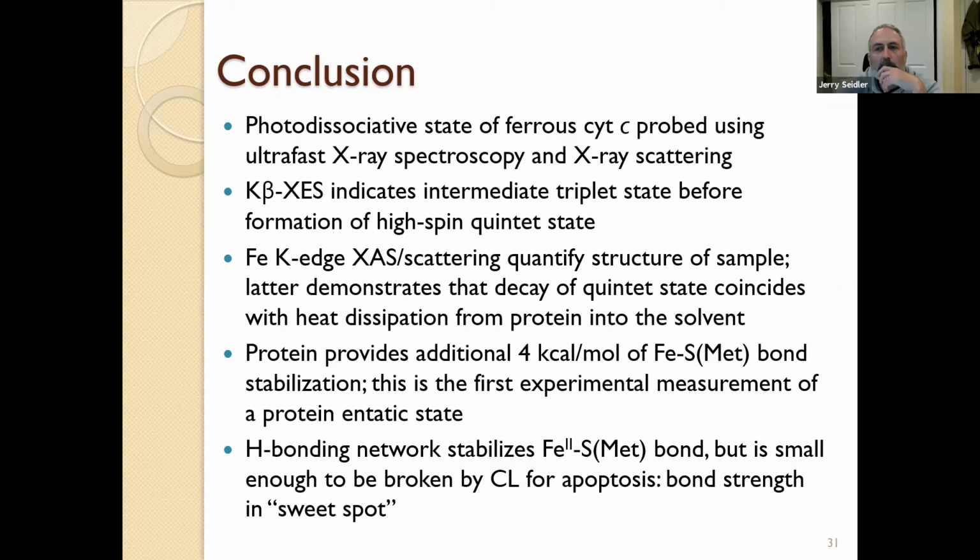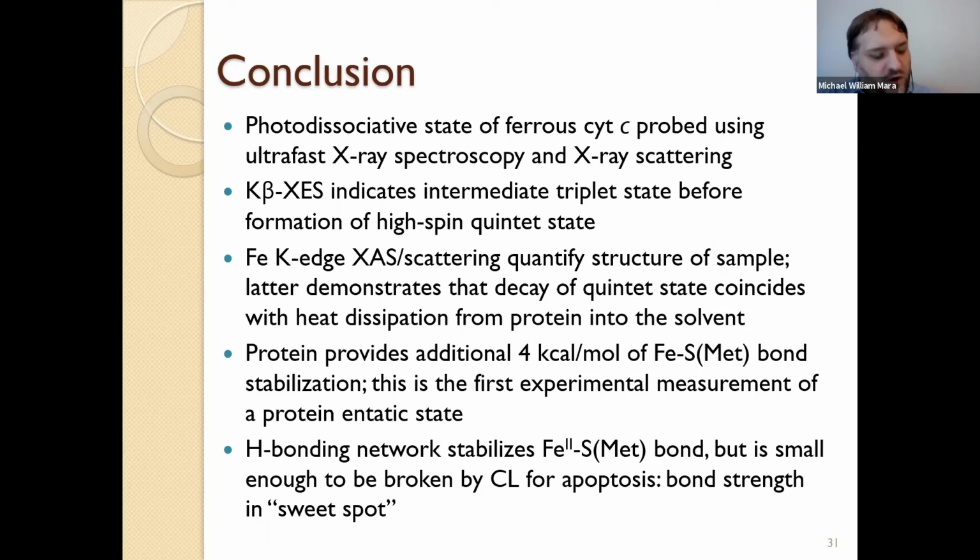But that's only directly probing the active site. So part of the utility of the scattering here is showing in a simultaneous measurement that you're seeing the solvent response and the protein response, and they're sort of anti-correlated in a sense.